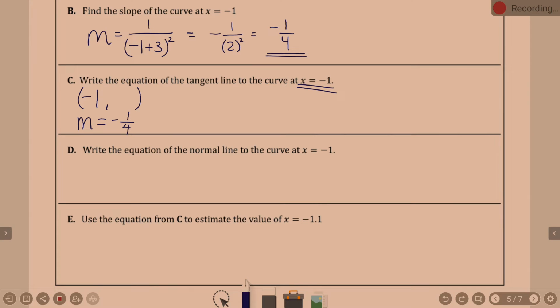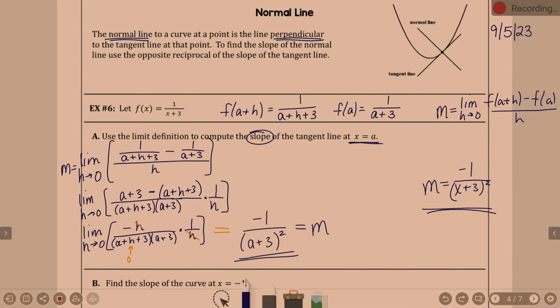Well, you have to use x. If we know the x value is -1, how can we find the corresponding y value? Plug it into f of x. Can we just plug it into the original problem? It's pretty much saying y equals. Yeah, f of x is the same as saying y equals.